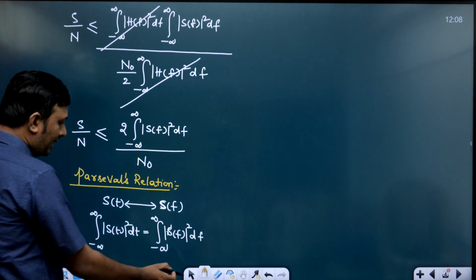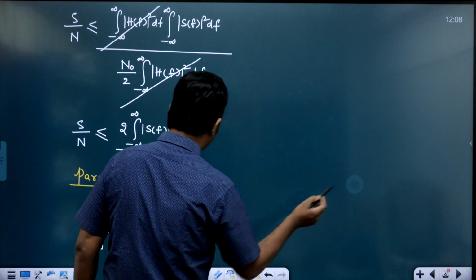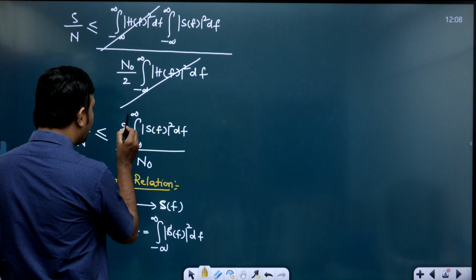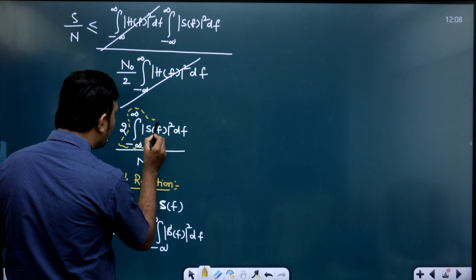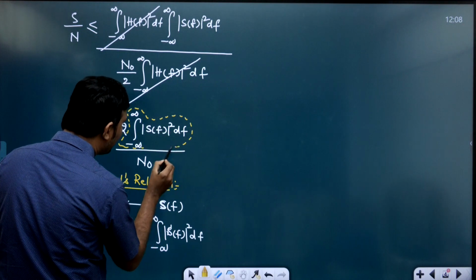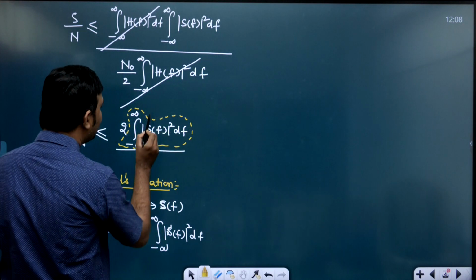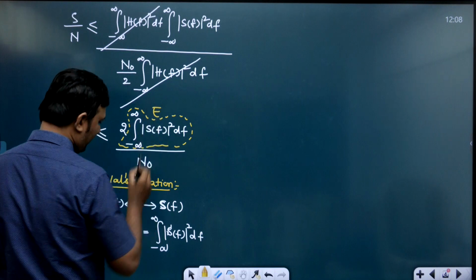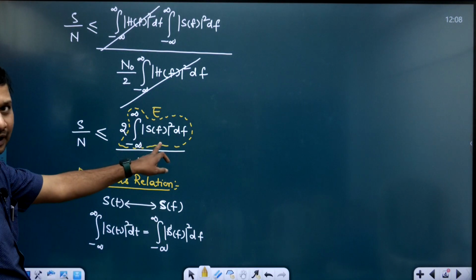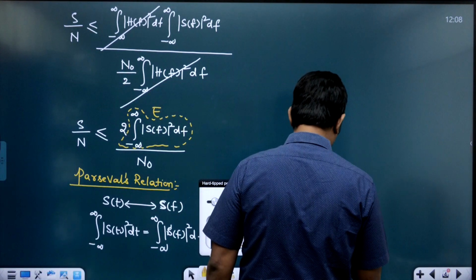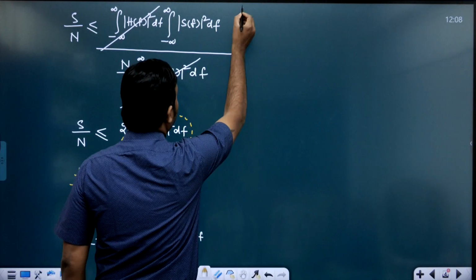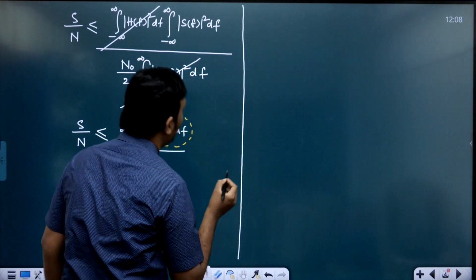Here I can replace this integral with energy E, because this is nothing but the energy in the received pulse s(t).